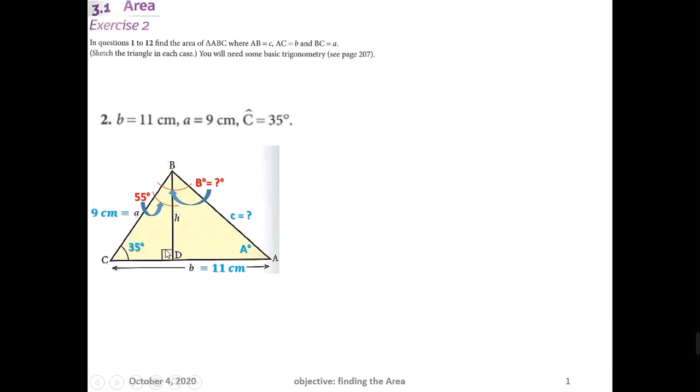So if this is 90 and this is 35, the sum of angles in a triangle is equal to 180. So if we add the 90 and the 35 and we subtract the total from 180, this angle must be 55 degrees.